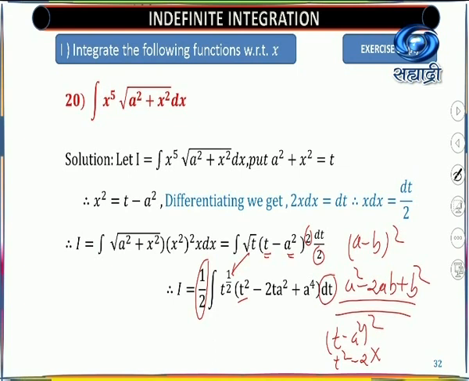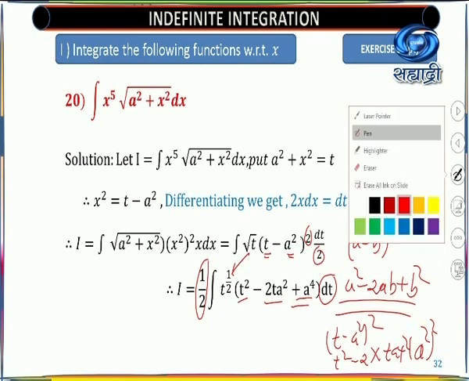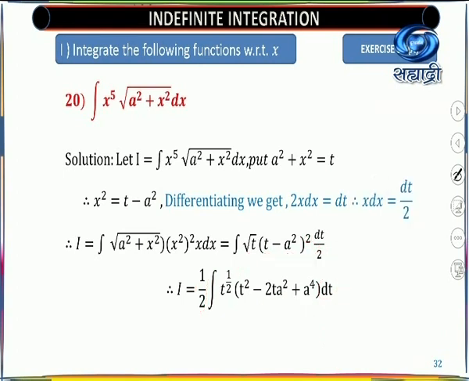Minus 2 into the product of these two, that is t into a square. And the last one is the second term square, so a square, its square, which gives you plus a raised to 4 by indices law. Now you got this expansion.